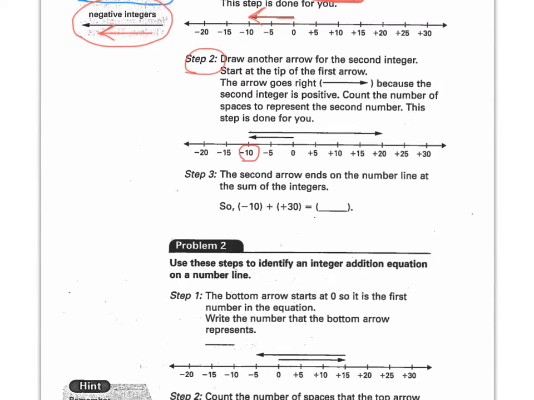And the number we want to move is +30 spaces, because that is the number we are adding. So we're going to move 30 spaces. We're going to count by 5s. 5, 10, 15, 20, 25, 30.